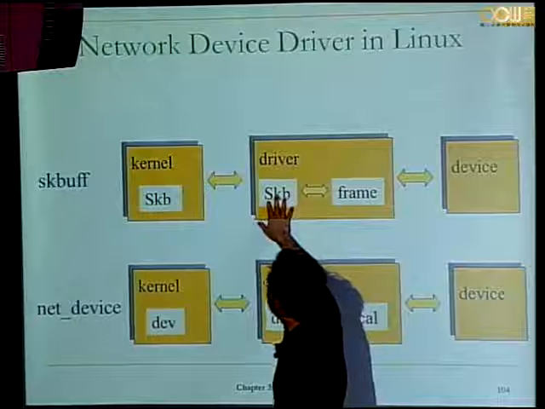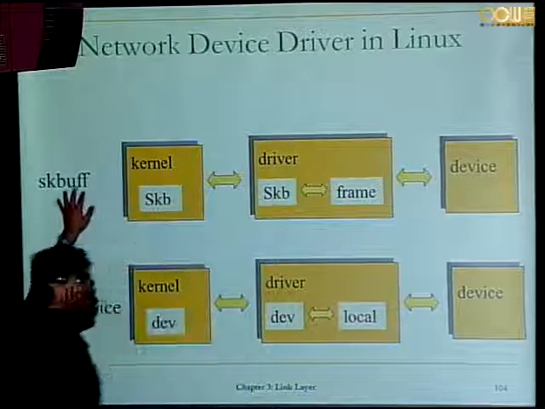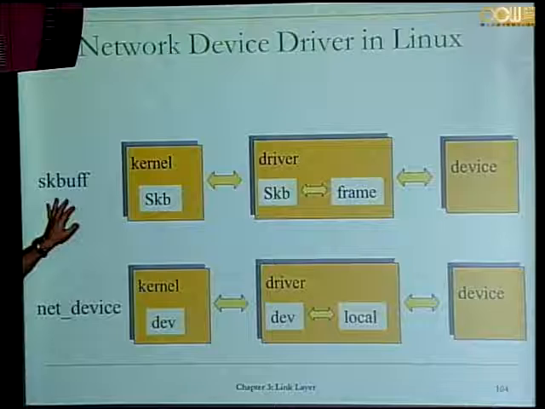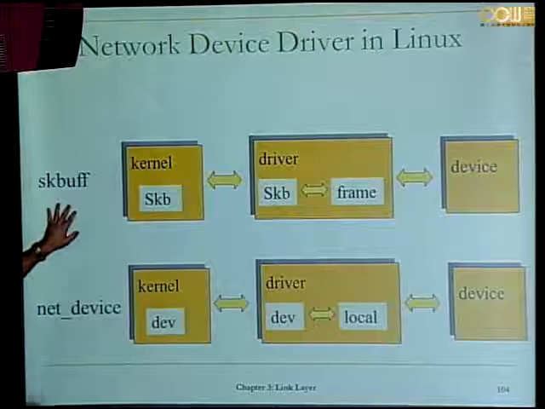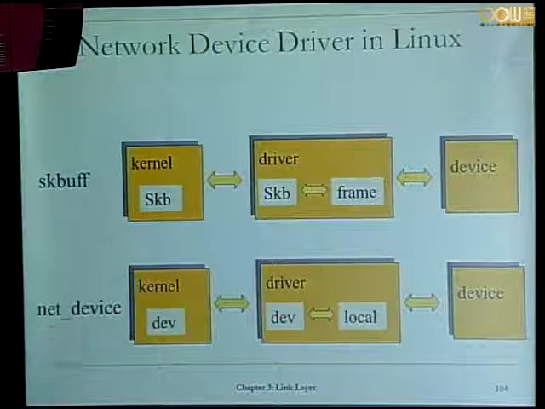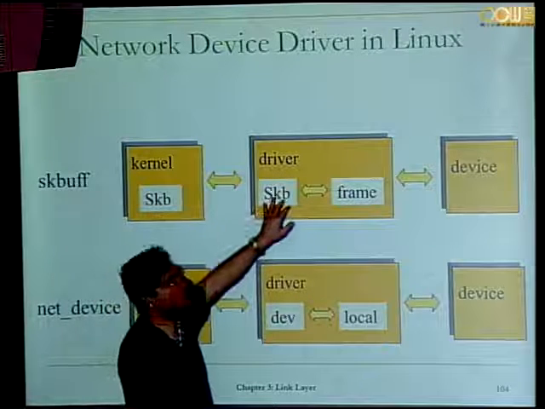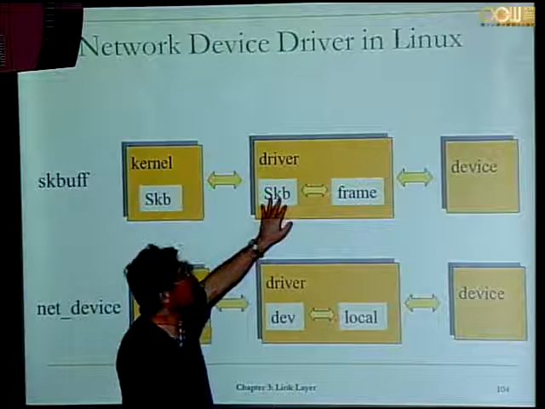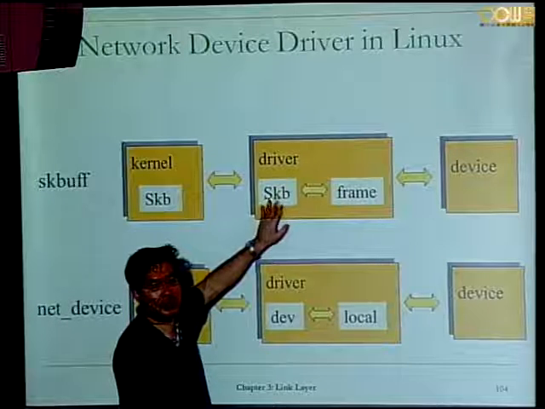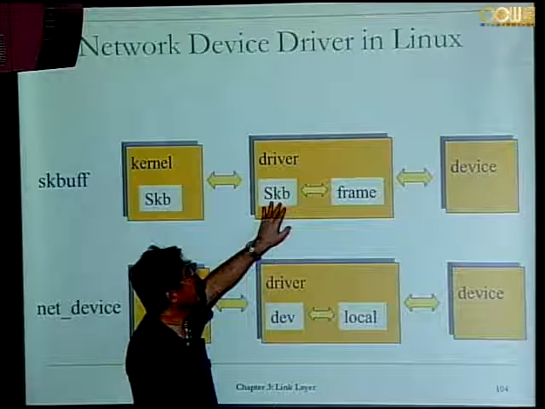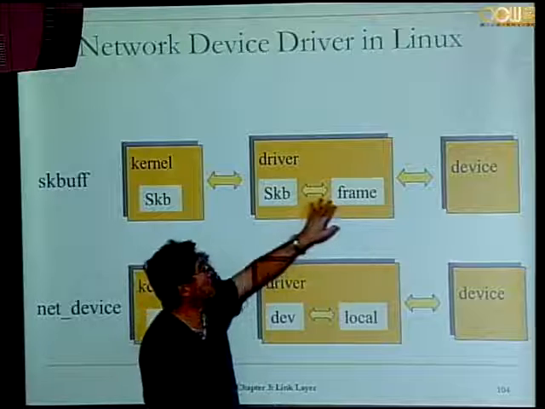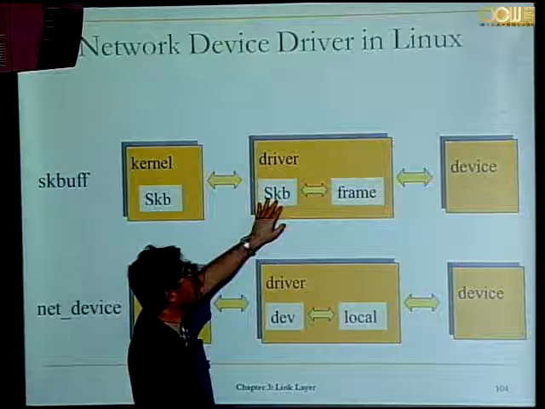This is the SK buff which we have discussed in chapter 1. In chapter 1, the final section, we discussed the data structure of the packets. And here the driver needs to prepare the SK buff from the pool of SK buffs. And then a frame will be stored in the SK buff.